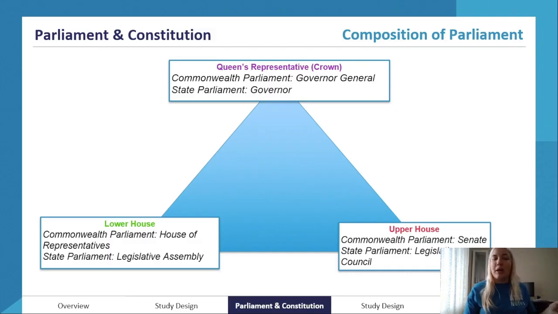And the leader of that political party, depending on if it's state or Commonwealth level, they would become the person sort of in charge, right? The minister. So considering the significance of that, what does that mean?